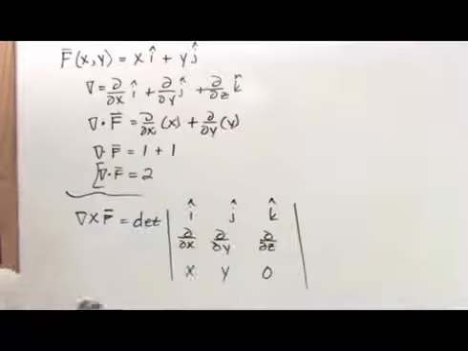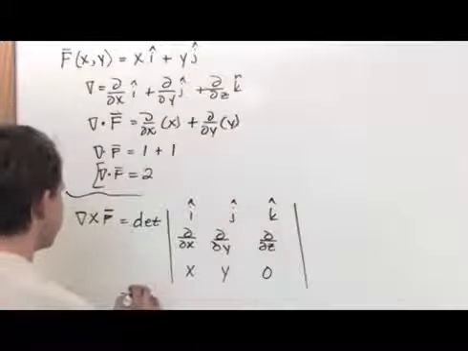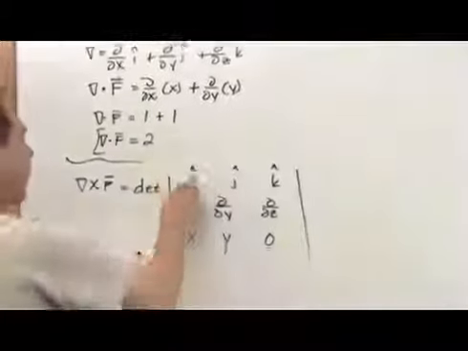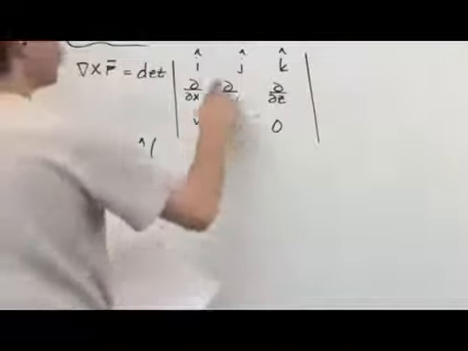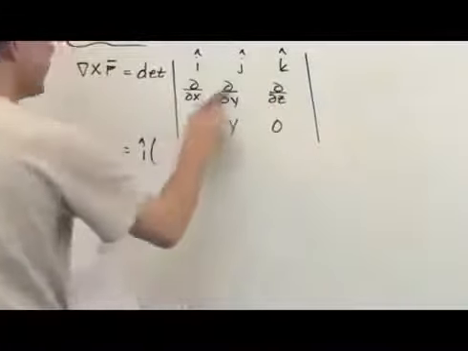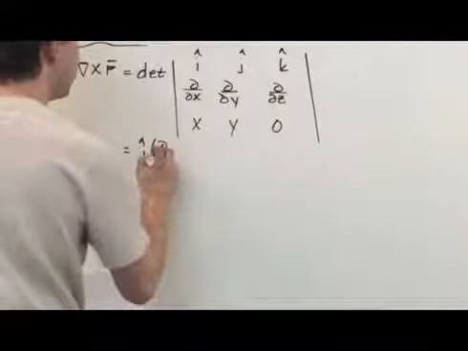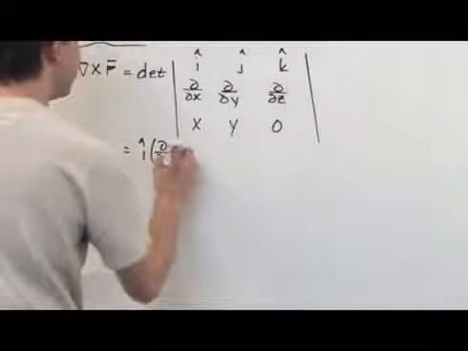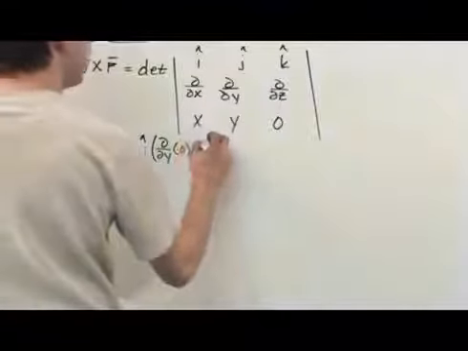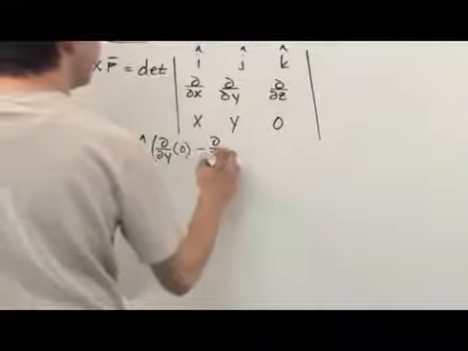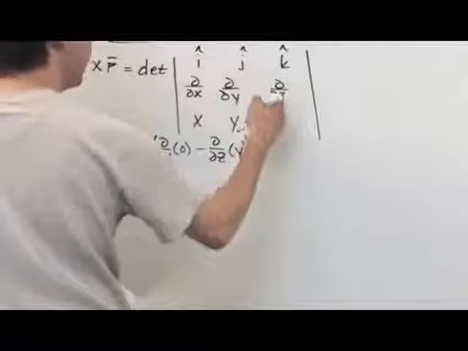I mean, you don't have to do it this way, but this is the way I really like to do it. So first, let's work on the I component. Working on the I component, I cross this out and I cross this out, okay? So I'm going to work on these guys right here. So inside I'm going to have the partial with respect to y of 0, minus the partial with respect to z of y going this direction.